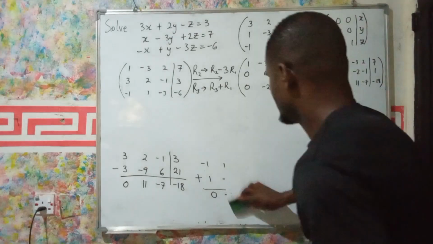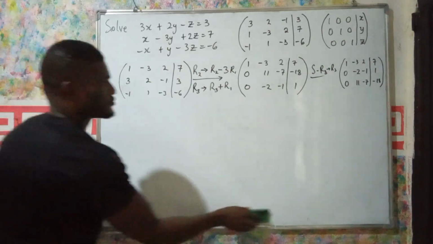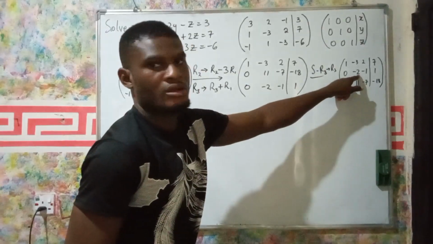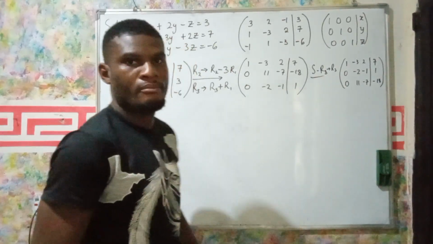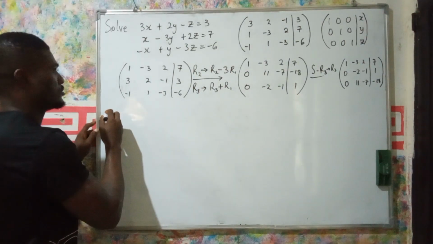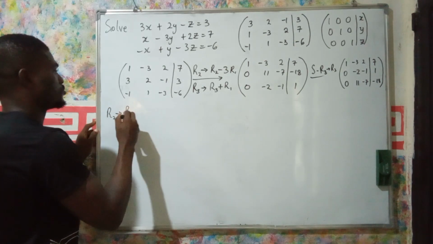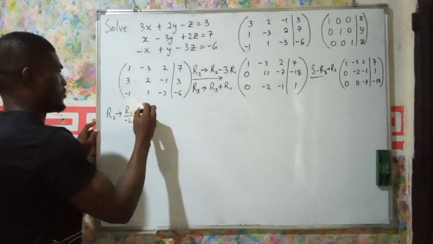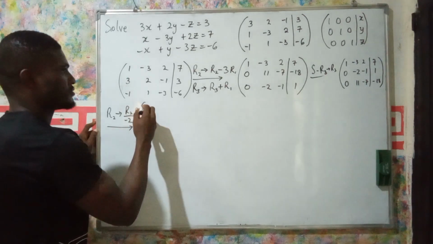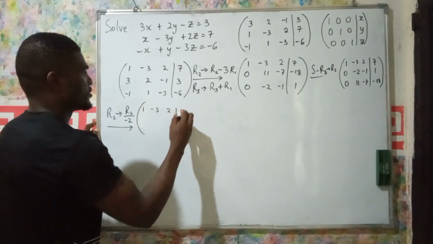All right, so now we have this. We can easily make this one 1 by dividing through by minus 2. So new row 2 is now row 2 divided by minus 2. And what we're going to have would be, first row is still 1, minus 3, 2, 7.